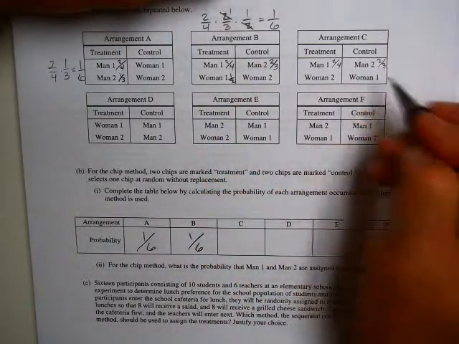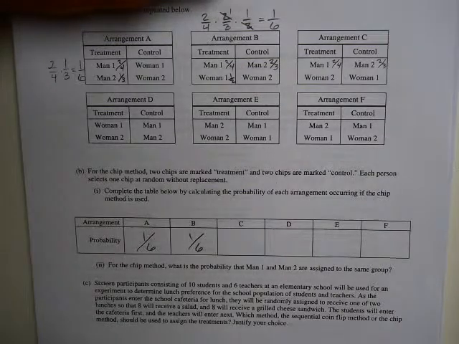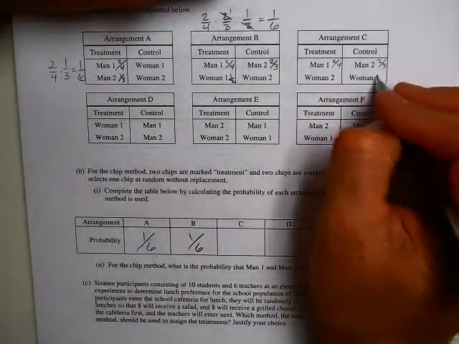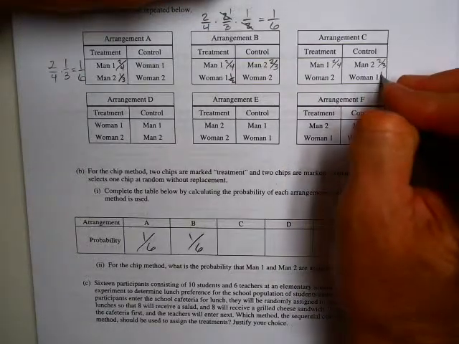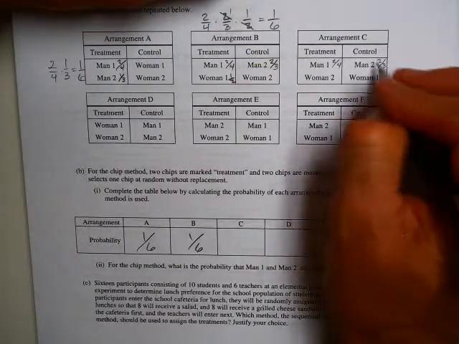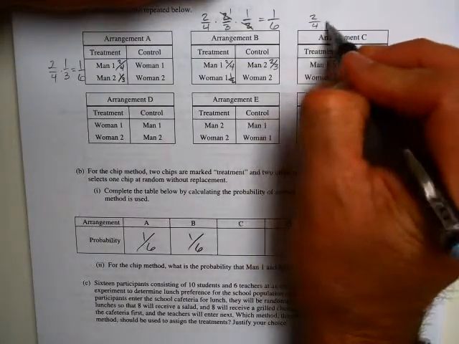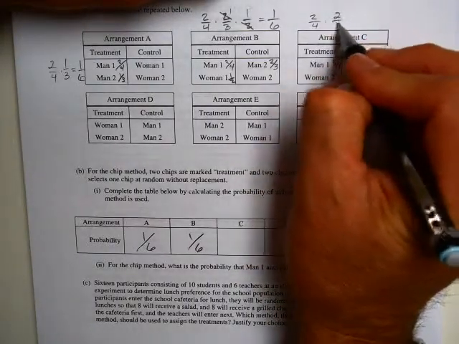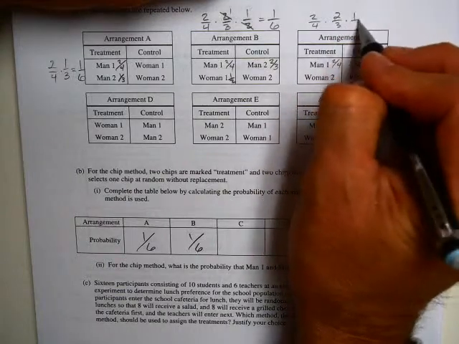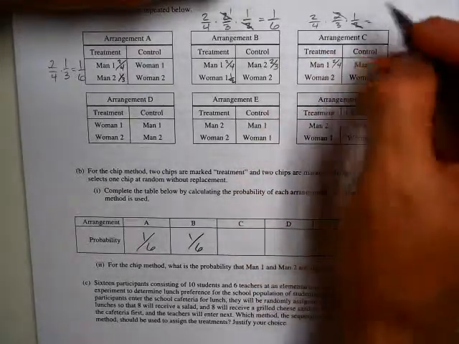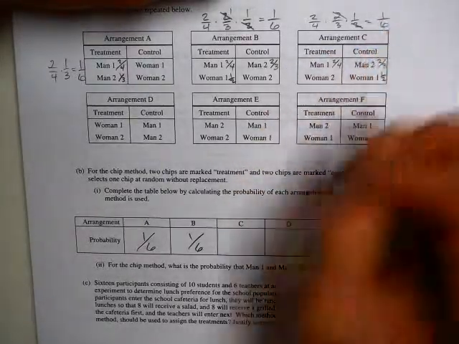There's a 2 out of 3 probability that he gets into the control group because 2 of the 3 chips that are left are control chips. And then woman 1 draws hers, and there's a control and a treatment chip left, so she has a 1 in 2 probability of getting put into the control group. So just like the last one, I've got 2/4 times 2/3 times 1/2, and that equals 1/2 times 1/3, which is 1/6.